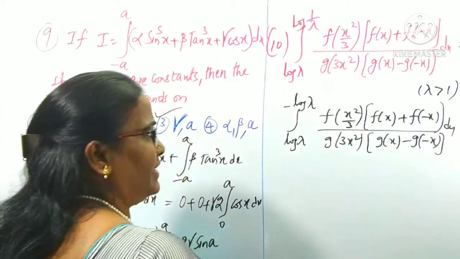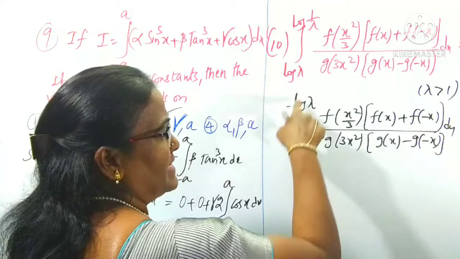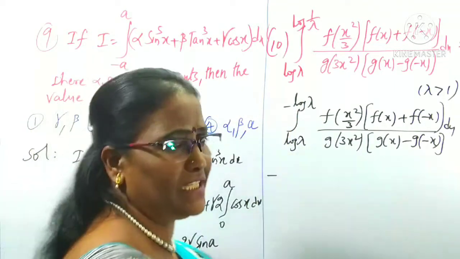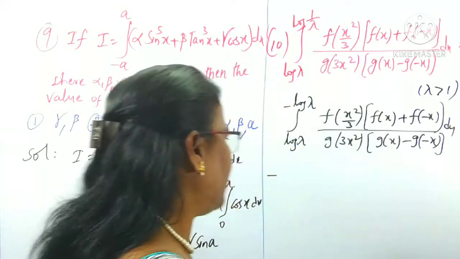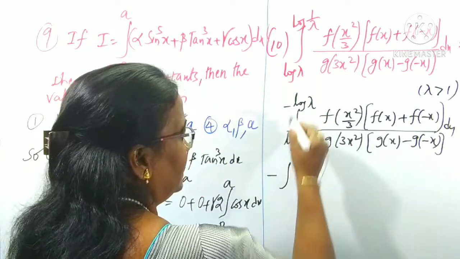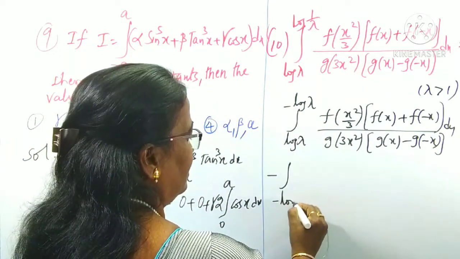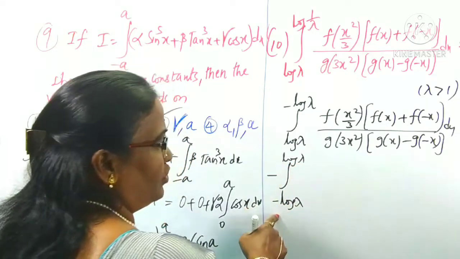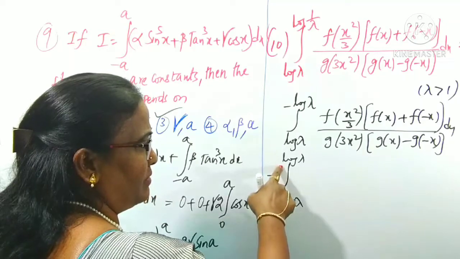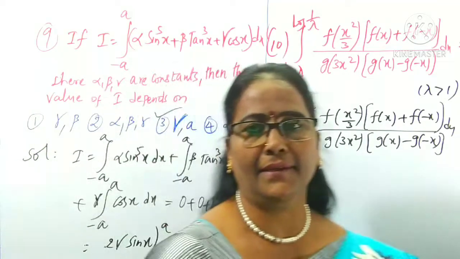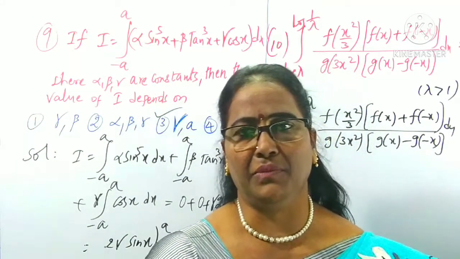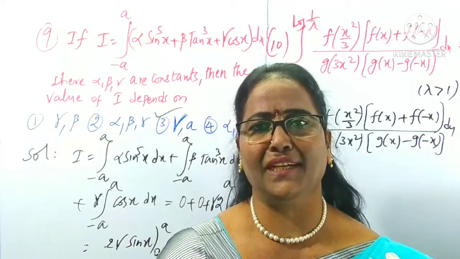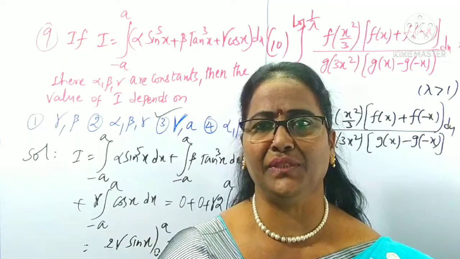For our convenience, by interchanging the limits, what will happen? The sign changes. That is a minus of, this comes first, log lambda. Minus of lower limit becomes minus log lambda, upper limit becomes log lambda. You know, the integral of f of x from a to b becomes the negative integral of f of x from b to a.